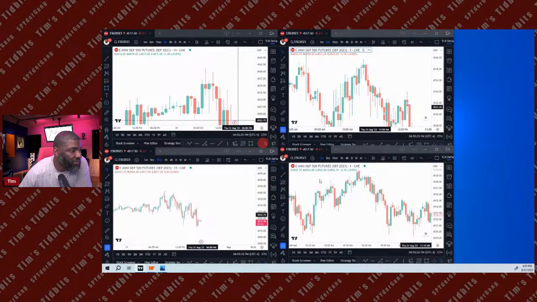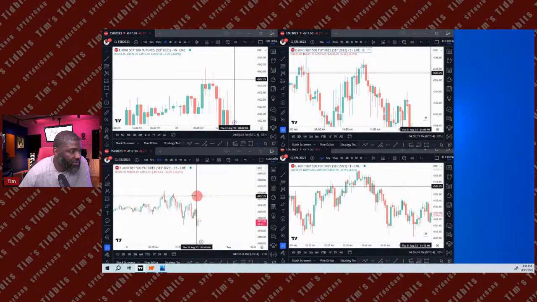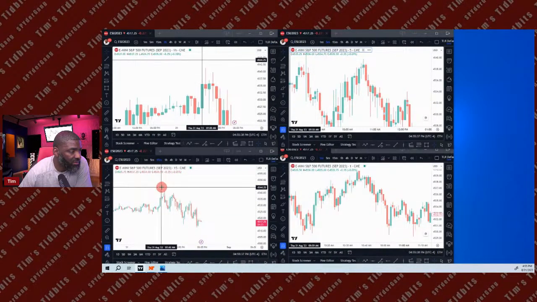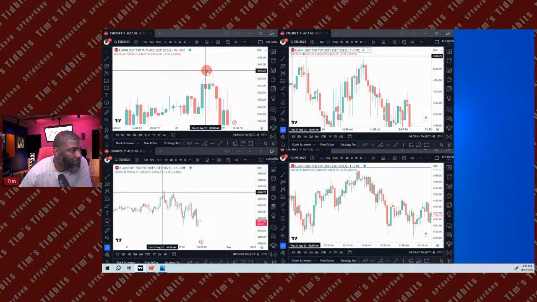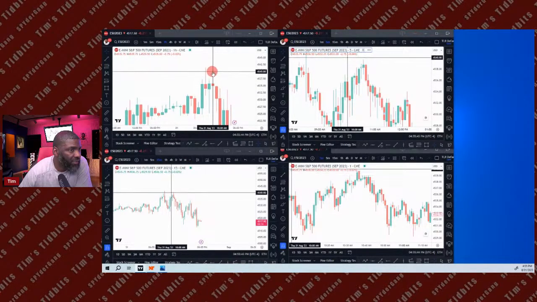I'll put my cross arrows on these over here, and when I move it around, you can see them on all of them. There you go, 10 o'clock candle right there.